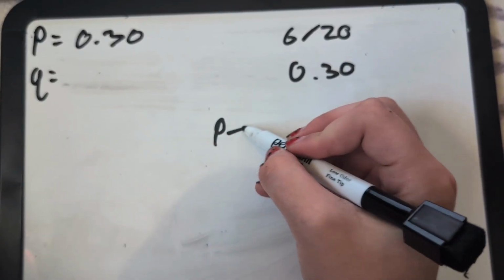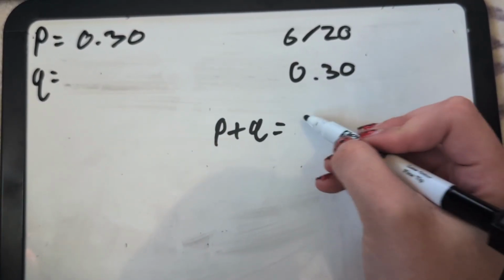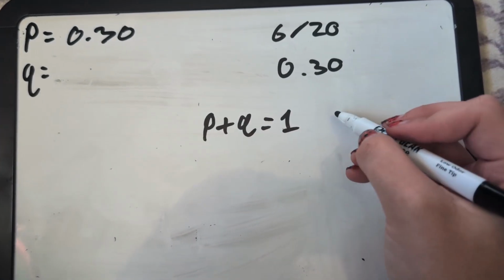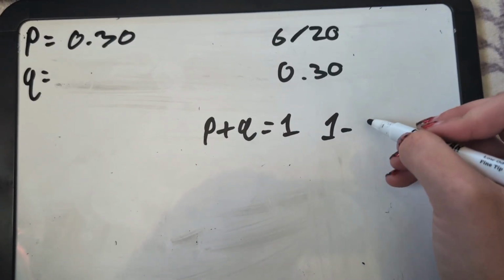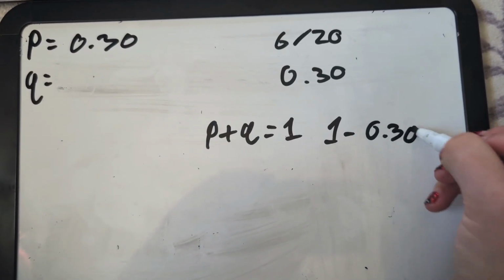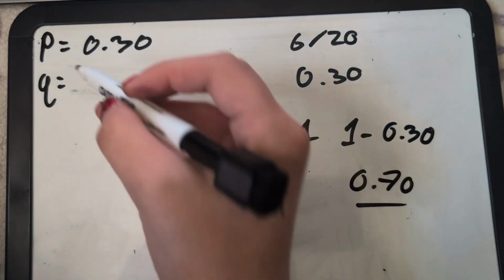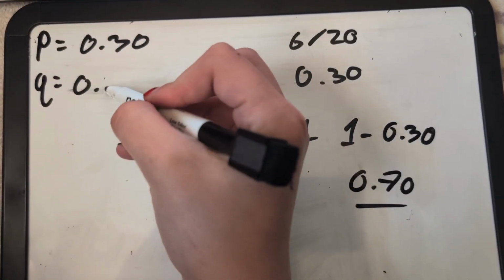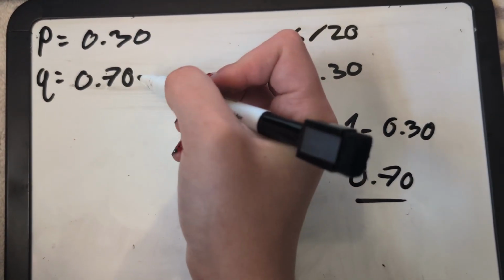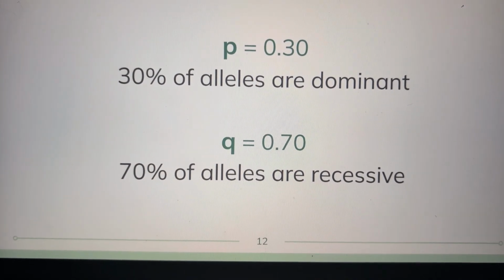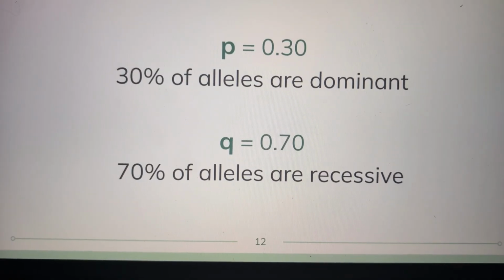And in p plus q equals 1, in order to find q, we just subtract p from 1. So 1 minus 0.30 is equal to 0.70, which means that q is 0.70 or 70%. So 30% of alleles are dominant and 70% of alleles are recessive.